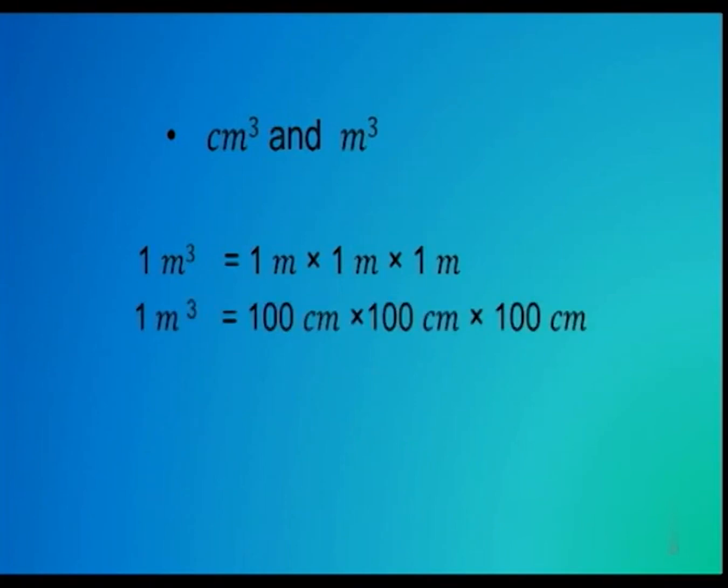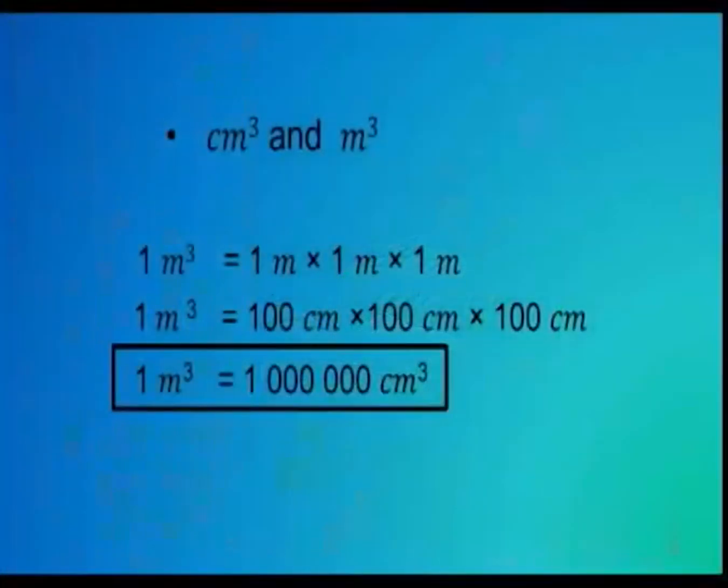So you can express this relationship this way: 100 centimeters times 100 centimeters times 100 centimeters. Then you can get the value as 1 million cubic centimeters. So, this is the third relationship. 1 cubic meter is equal to 1 million cubic centimeters.